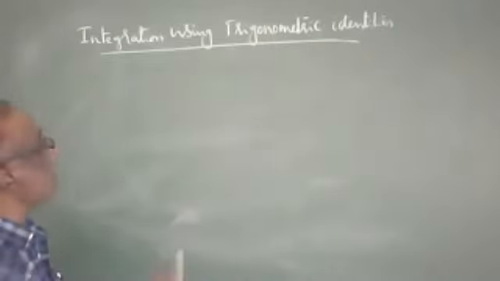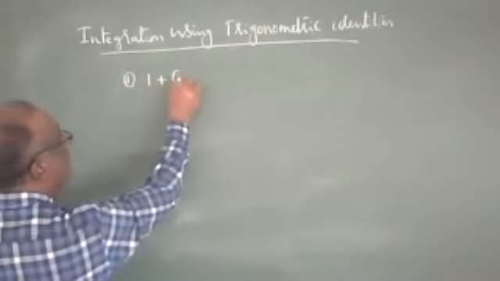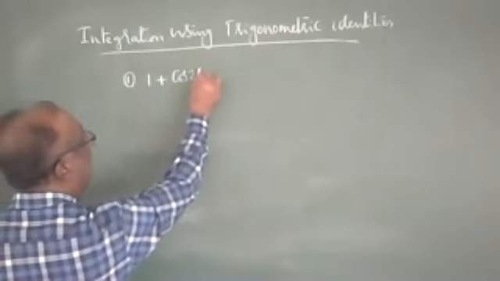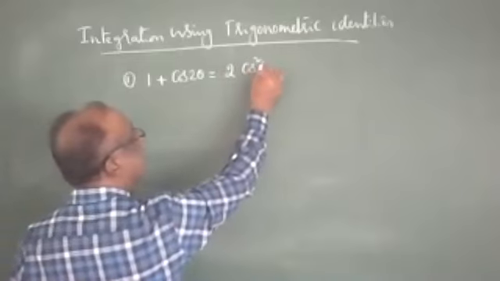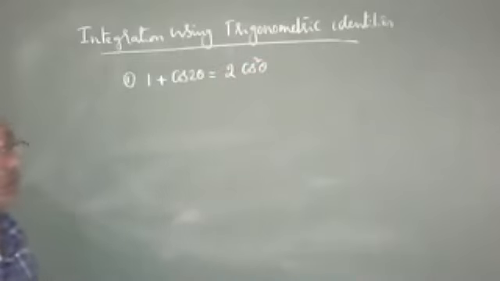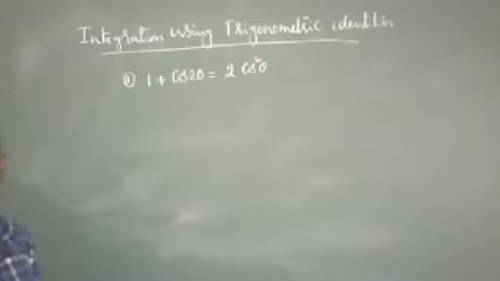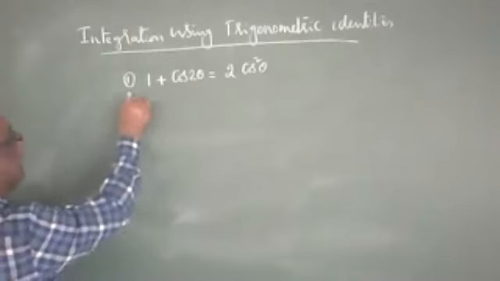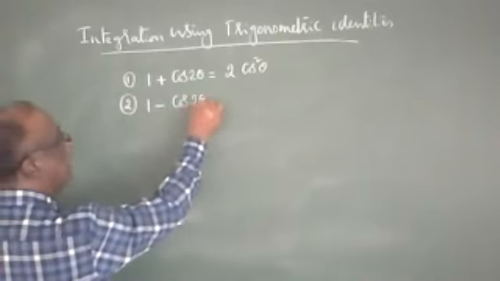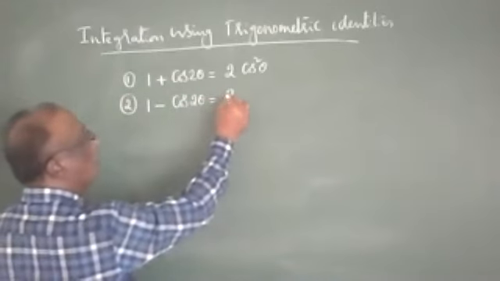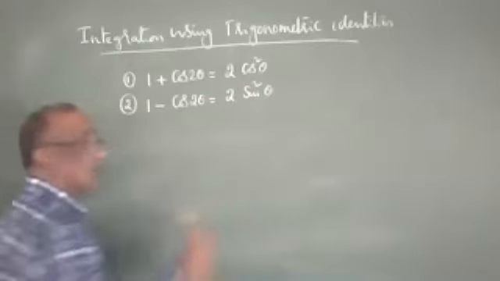What is the first formula? Everyone see: 1 plus cos of double angle is equal to 2 cos square of single angle. 2 theta becomes half angle theta. One identity. Write down the second identity: 1 minus cos of double angle is equal to 2 sin square of the single angle theta.